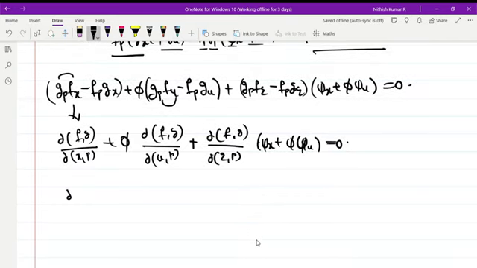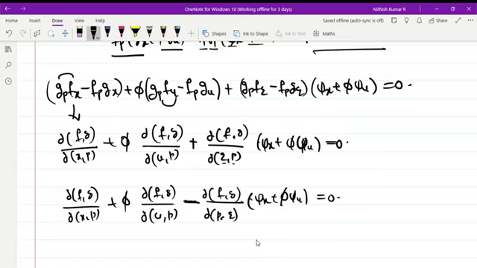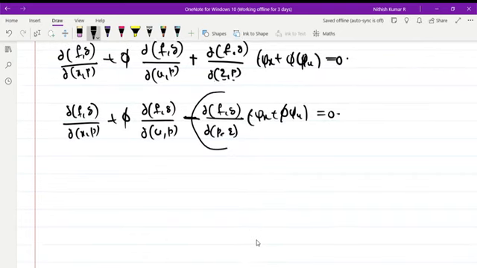Now this is nothing but ∂(f,g)/∂(x,p) plus phi into, again, ∂(f,g)/∂(u,p), plus now this is nothing but ∂(f,g)/∂(q,p) into xi x plus phi into xi u equal to 0.